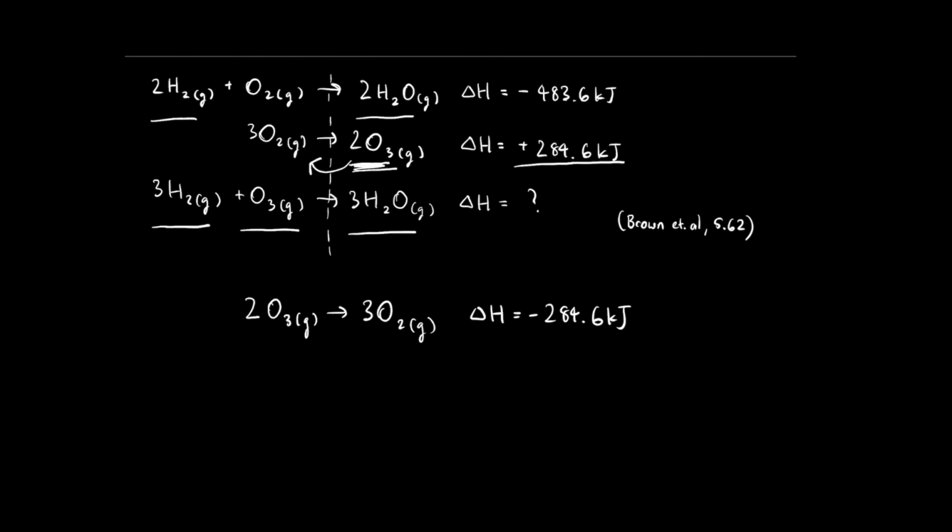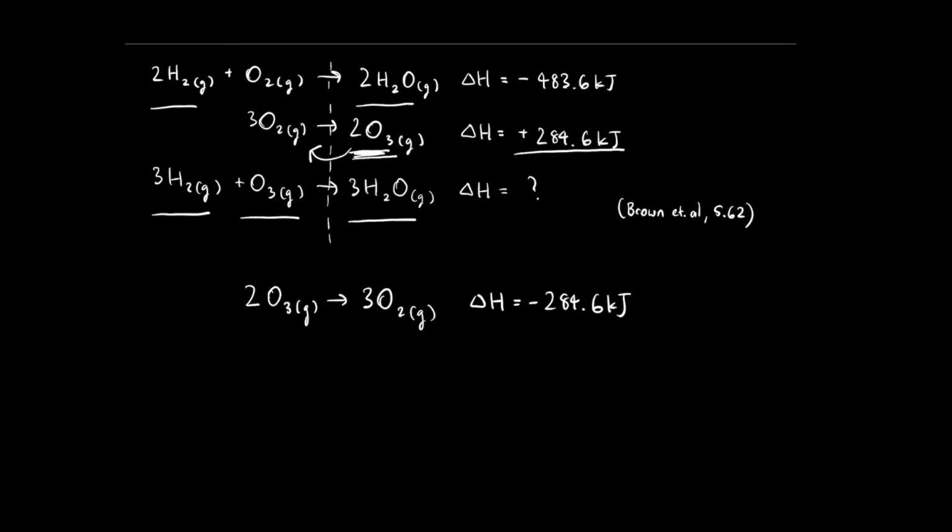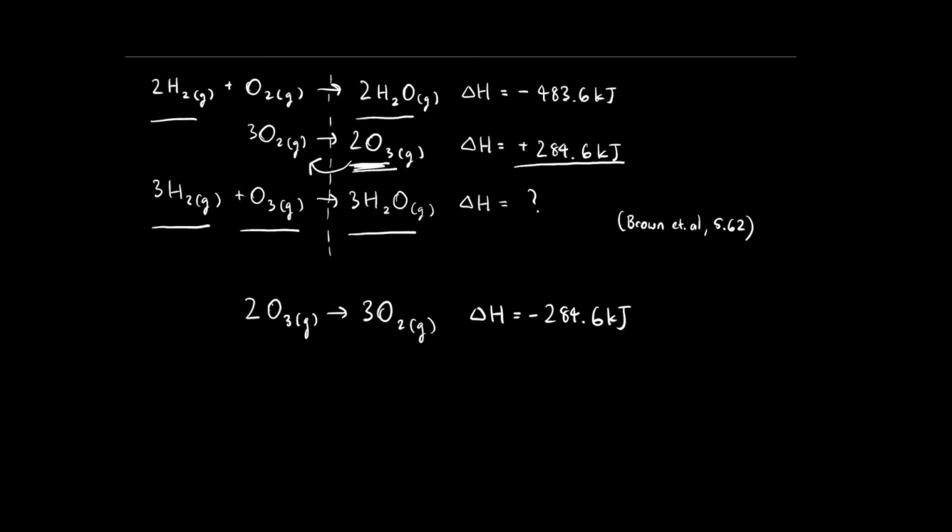However, we're still not quite done, because the coefficients of our hydrogen molecule and of our water molecules are not quite the same. So we have to do a little bit more of this manipulation, or mental gymnastics, in our head.